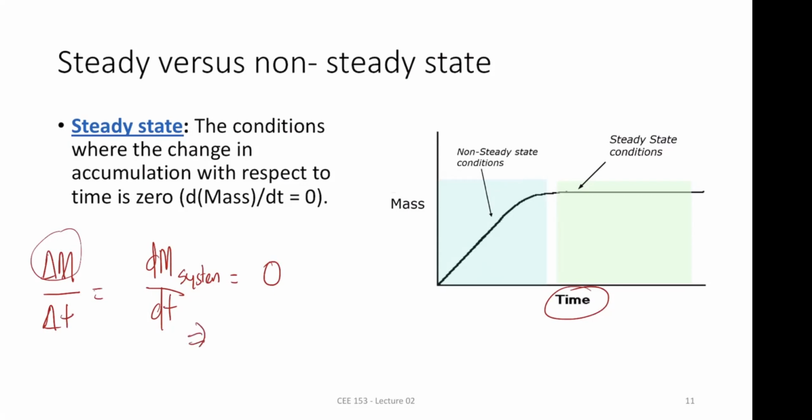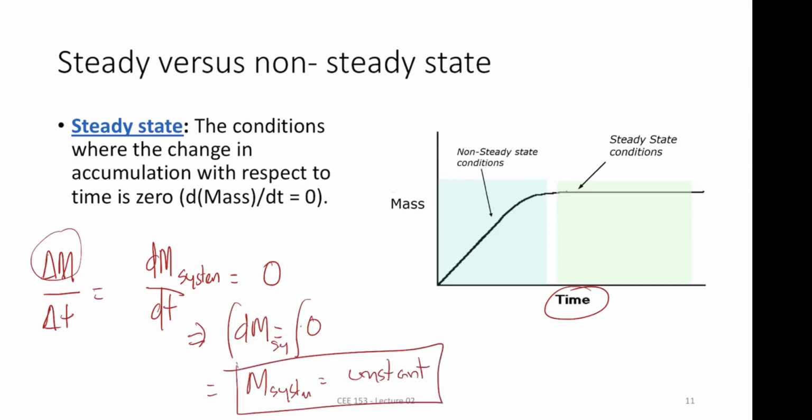If you solve it, dm will be 0 because dt multiplied by 0. If you now integrate it, the mass of the system is constant. So steady state means the mass inside the system is constant over time. That's all the definition is.